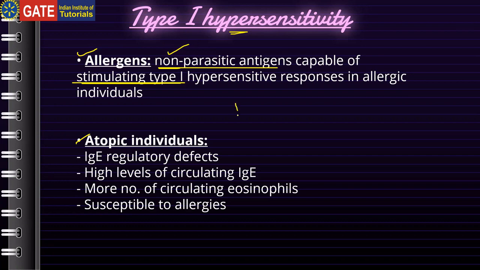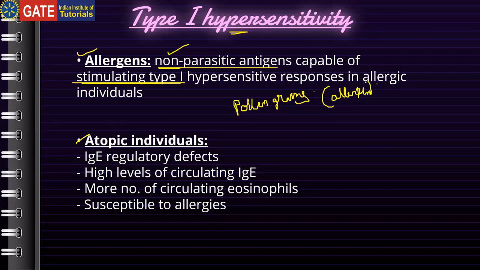Let's take an example, pollen grain. I told you many times, whenever we go to a green park, some people all of a sudden start sneezing, their eyes become completely reddish, running nose, difficulty in breathing. All of these occur. Why, friends? Here, the pollen grains that are present in the air are acting as allergens.